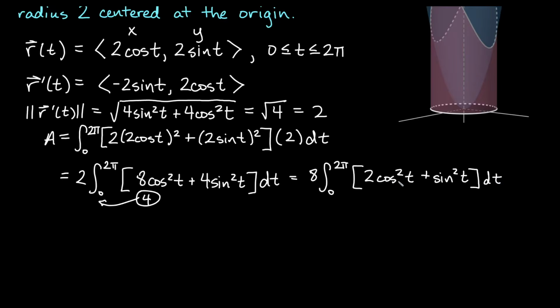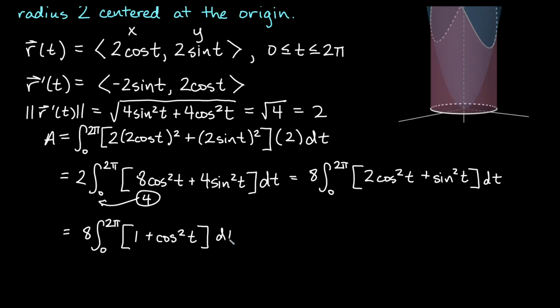Now, to integrate this, one of these cosine squared t's could be combined with the sine squared t to make one, but I would still have a cosine squared t left over, right? So I would have 8 integral from 0 to 2 pi, and I would end up with 1 from one of these and this, but I would still have a cosine squared t term left.